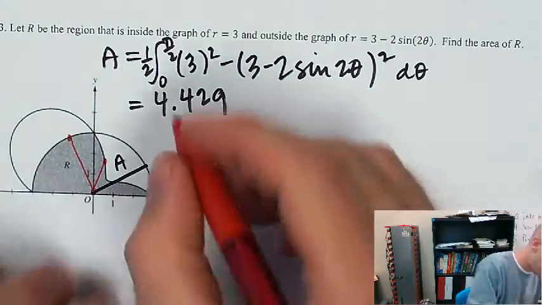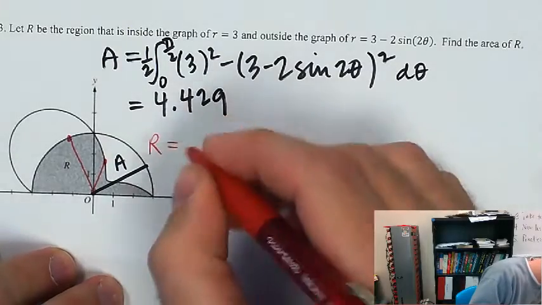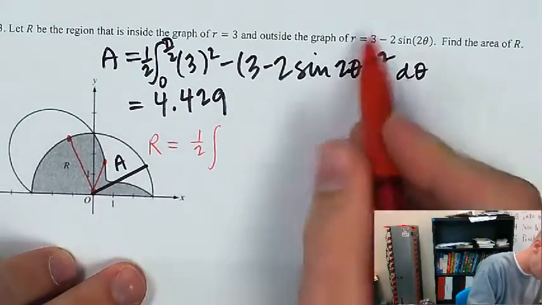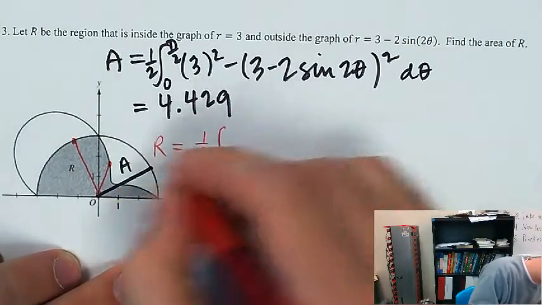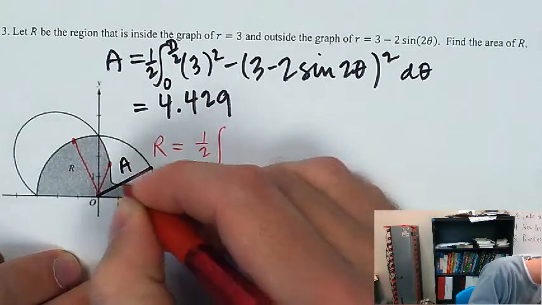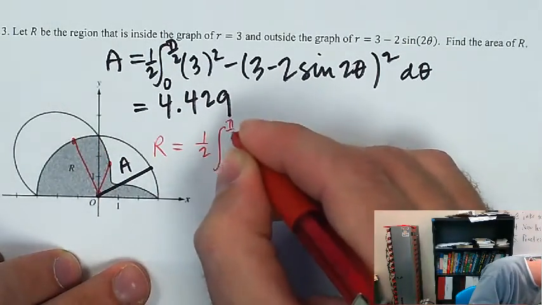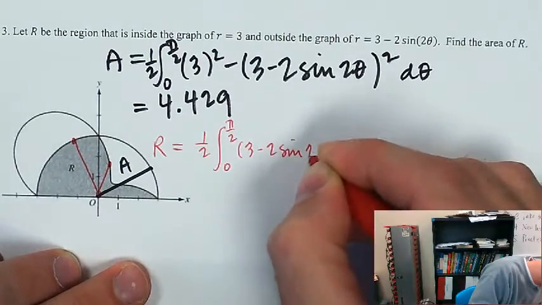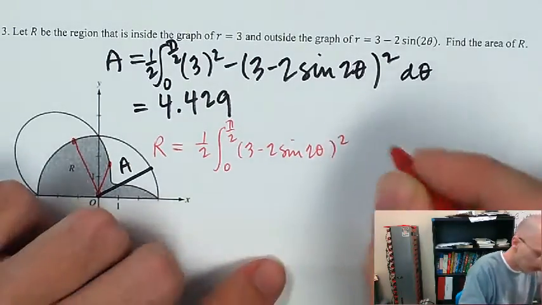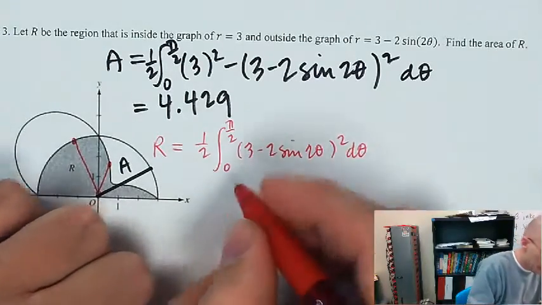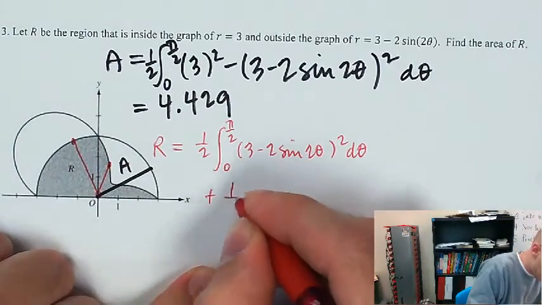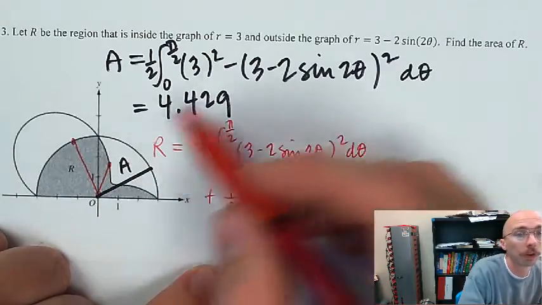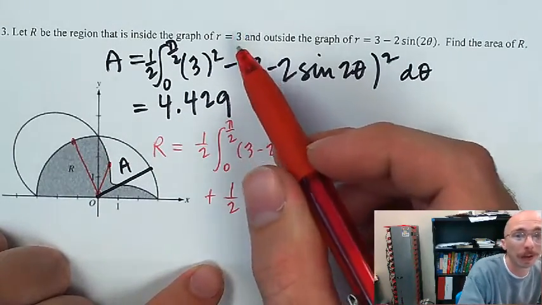So the area of region R is going to be equal to 1/2 of the integral from 0 to pi over 2 of just this thing, because I'm just going to this curve here, (3 minus 2 sine 2 theta) squared d theta, plus the integral from pi over 2 to pi on this one. Now, if you know that's a quarter circle with radius 3, you could say that's 9 pi over 4.